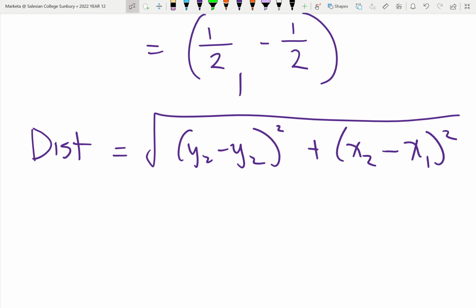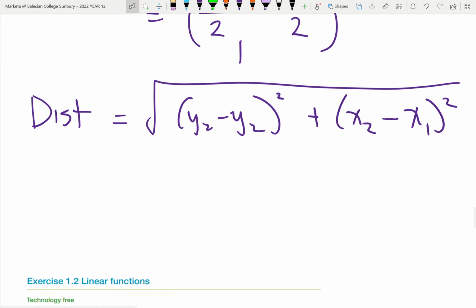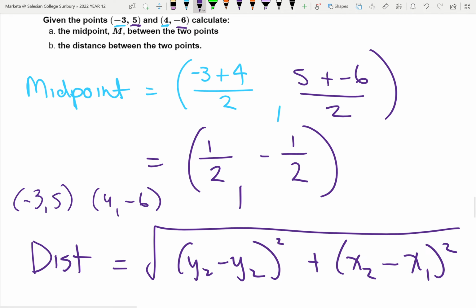So let's sub the values in, (-3, 5) and (4, -6). It's also important that you don't stuff up which one is x1 and y1. You don't want this to be y2, for example. You must make sure you put them in the right spots, x2 and y2.